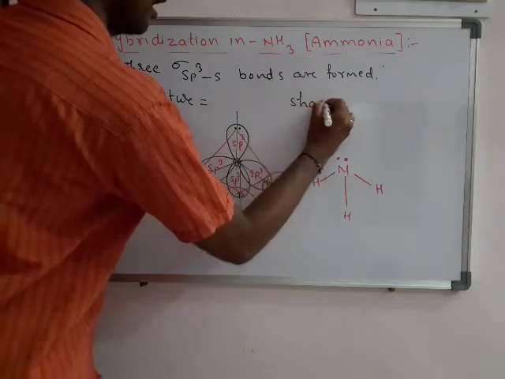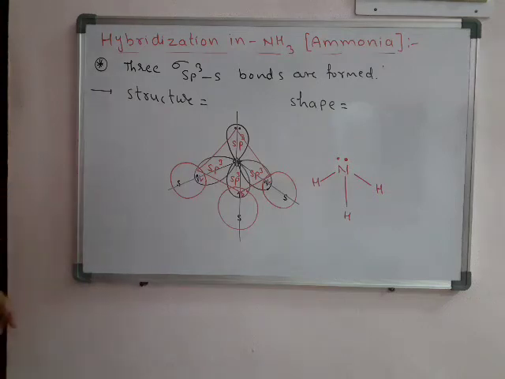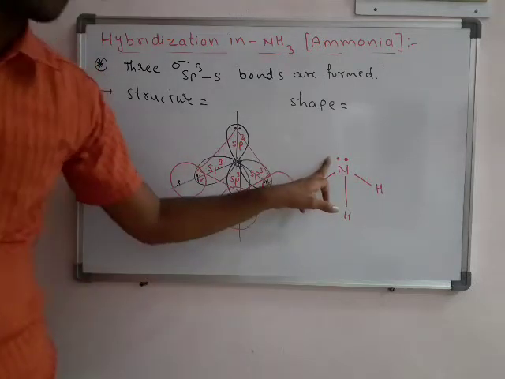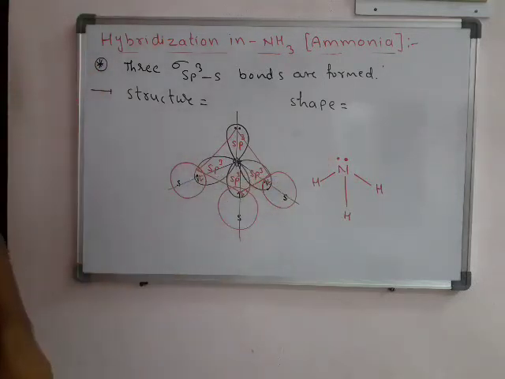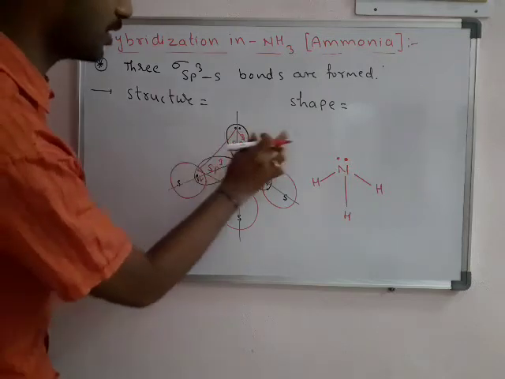What is the structure? What is the shape? In most examples there is no big difference between shape and structure. But in a few examples which have a lone pair of electrons, only then is there a change in the structure name and shape.